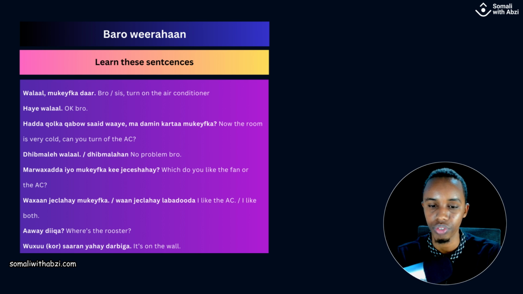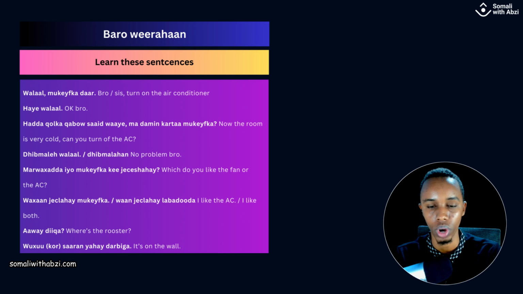So waxaan jeclahay mukayfka, I like the AC. That's when you're explaining. On the other hand, waan jeclahay labadooda means I like both. In Somali, if someone asks you a question that needs only a short answer, you always go with waan.